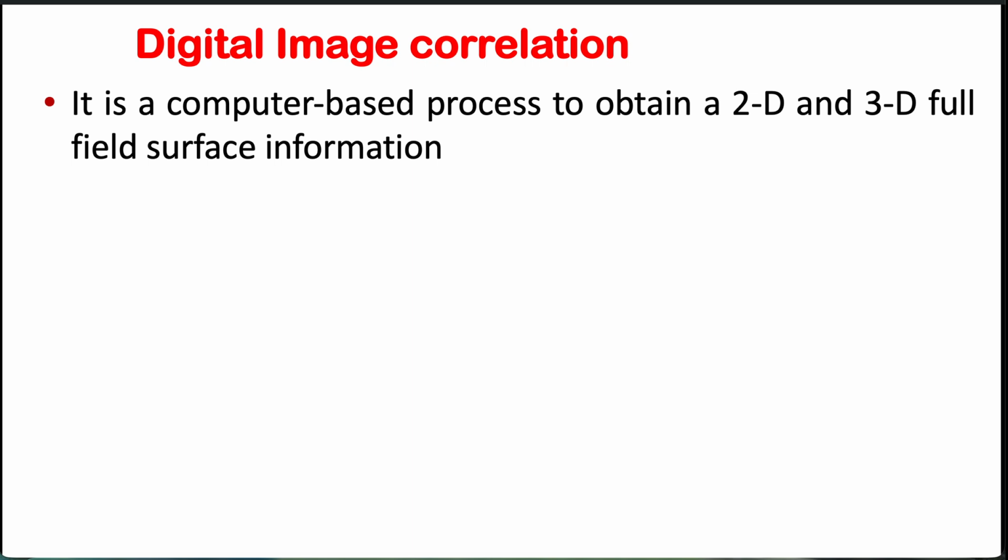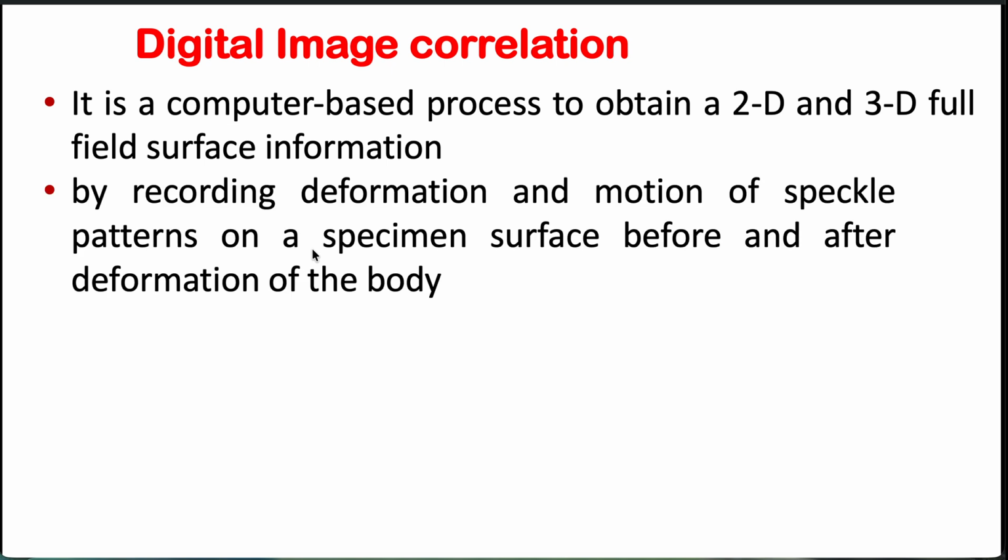And the answer that we have is digital image correlation. Digital image correlation is a computer-based process that will help us obtain two-dimensional and three-dimensional full-field surface information. So instead of measuring a strain at a specific point, like what a strain gauge does, we can have the strain field all over our plates, which is going to give us a very good understanding of when and where exactly the plate buckles.